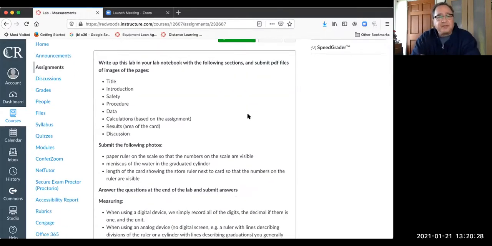So this is the measurements lab, and the first part of the lab tells you what you need to submit by the due date. You're supposed to write it up in your lab notebook with a title, an introduction, safety, procedure, data, calculations based on the assignment that's below, and results like the area of the card, and then a discussion.